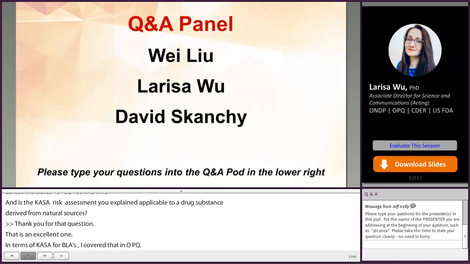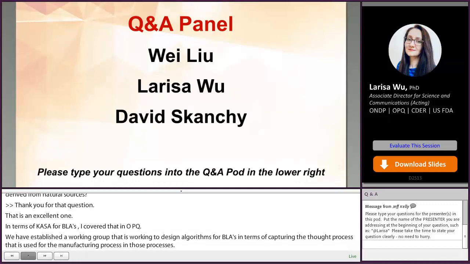We hope to have a prototype fairly soon and then implement KASA for BLAs in the CDER IT platform by 2024.